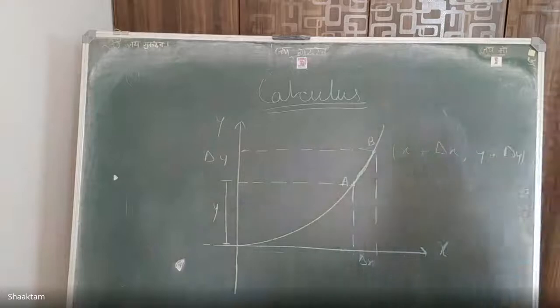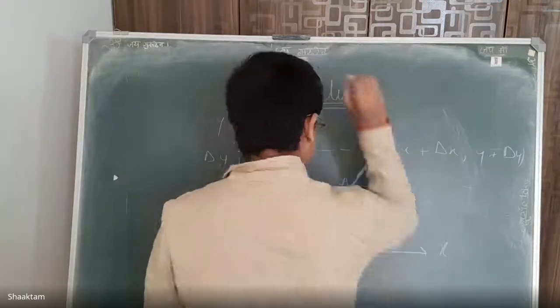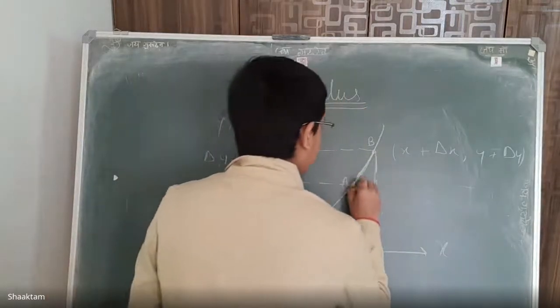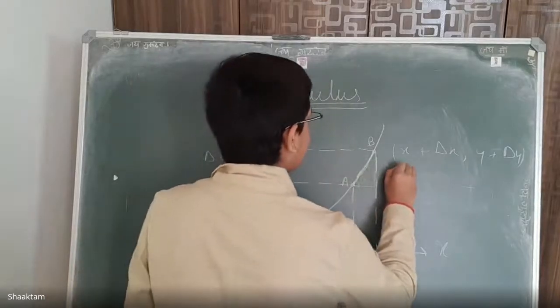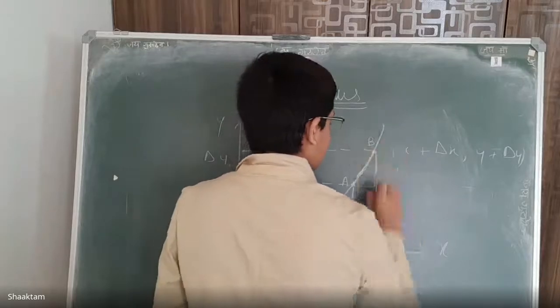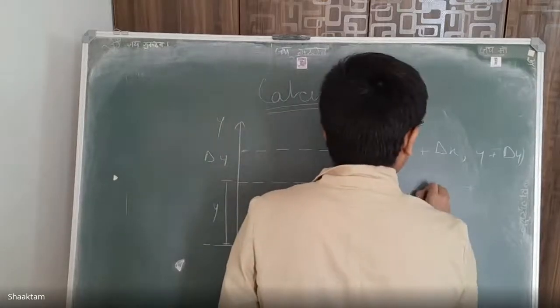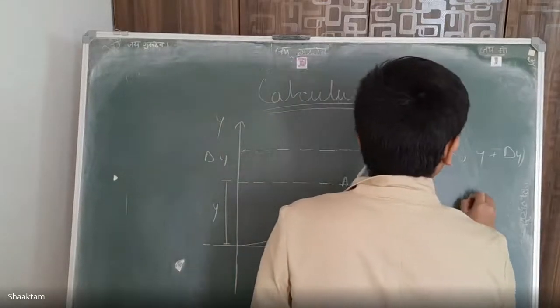Now let me join A and B over here, and let me make a triangle. Let me take this small angle as theta. You know that this is delta y, this is delta x. You can make out that tan theta is delta y by delta x.